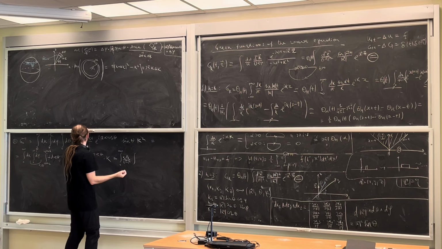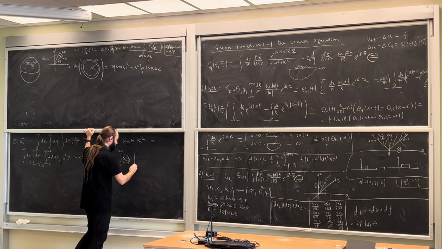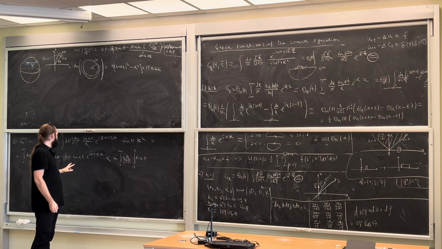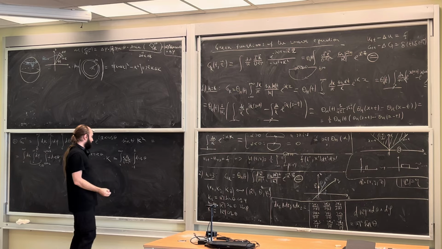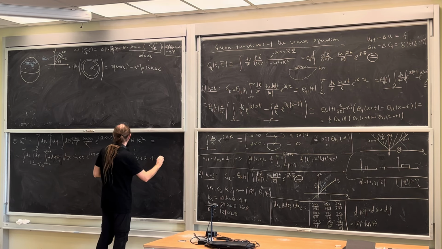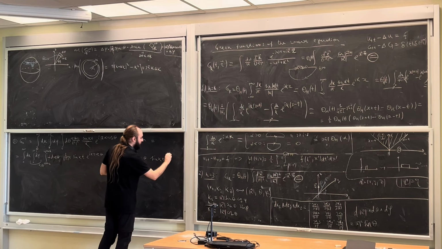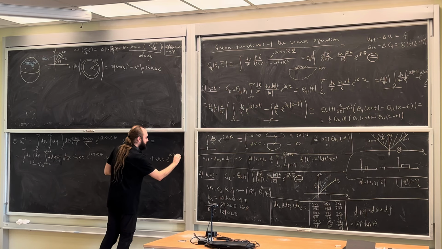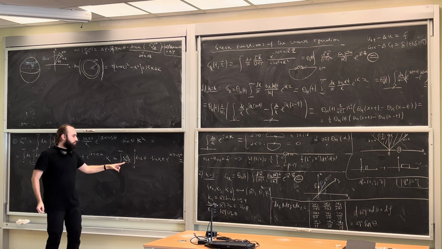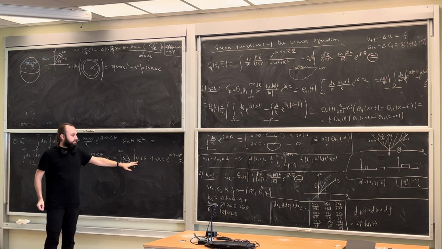We have the integral from minus 1 to 1 d cosine theta, and we have sine kt e to the i k r cosine theta. So can we now compute the integral in cosine of theta?